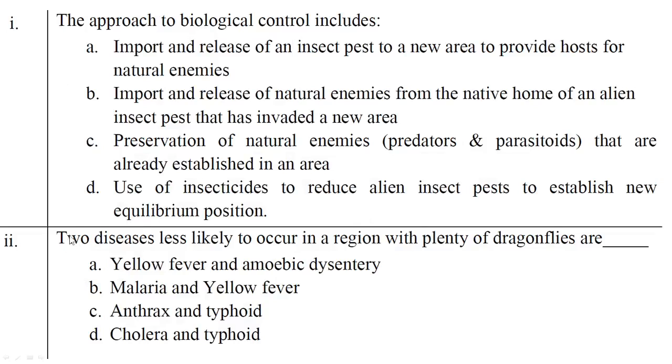Then, two diseases less likely to occur in a region with plenty of dragonflies are. Here you have to apply your knowledge from the chapter human health and disease. Which of these diseases are mosquito borne diseases? You have to make a proper selection.